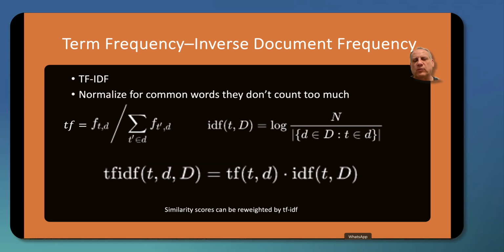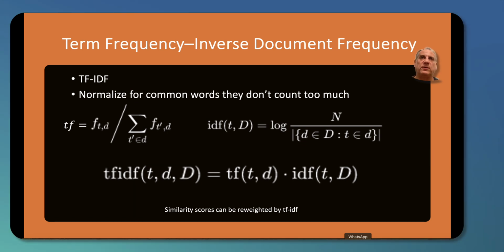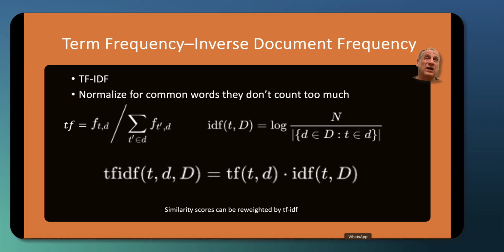Now, one of the problems with this straight word count, where we just count up the number of times a word appears, is that there are words like the and in, which appear a lot. We could remove those. Those could be stop words.